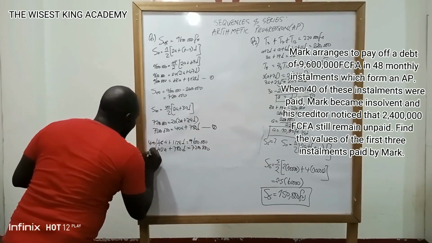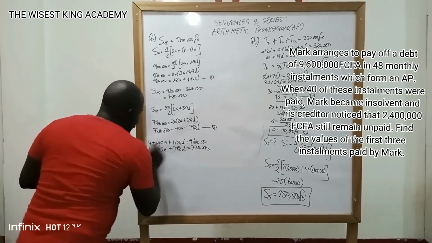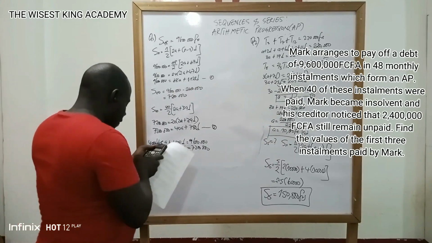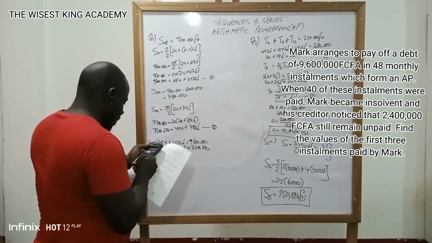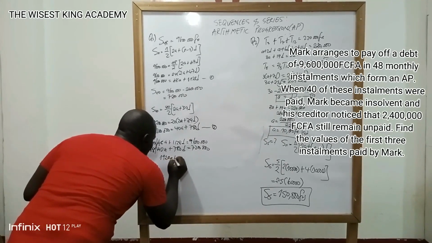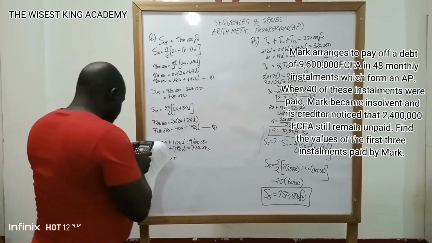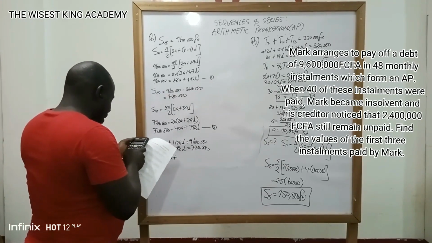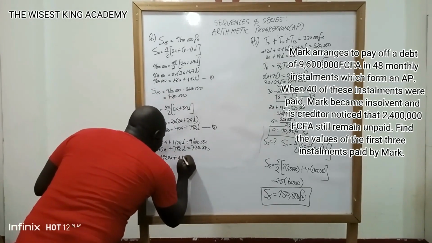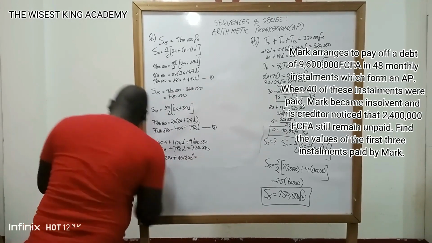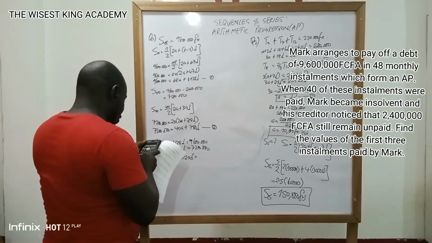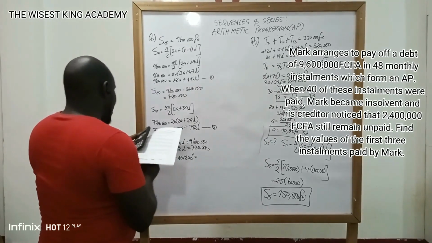So let's take 40 here and let's take 48 here. 40 times 48 is 1,920, so 1,920a plus 40 times 1,128, we are going to have 45,120d equals 40 times 9,600,000, which is 384 million.